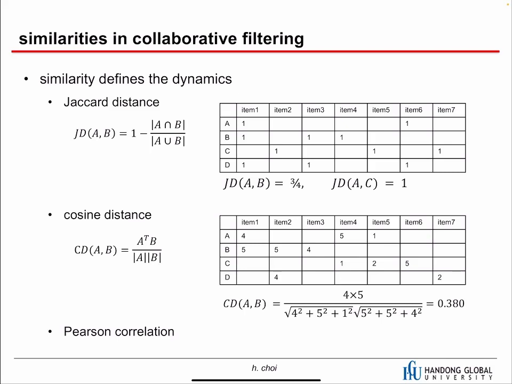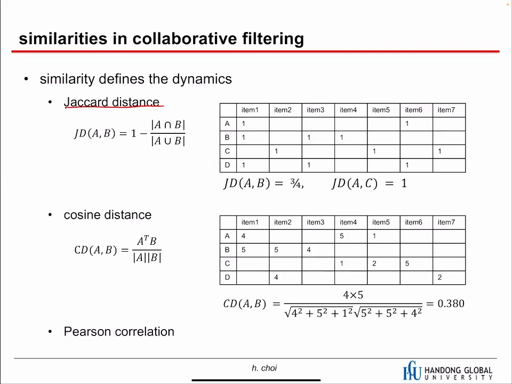And we can actually use a couple of different similarities. First one is Jaccard distance. Okay, so let me give you an example of this Jaccard distance with this table.